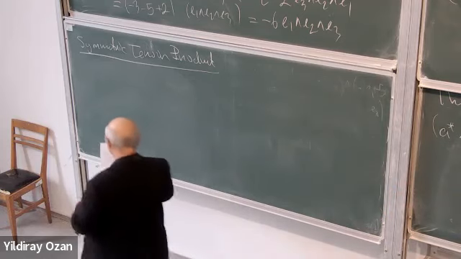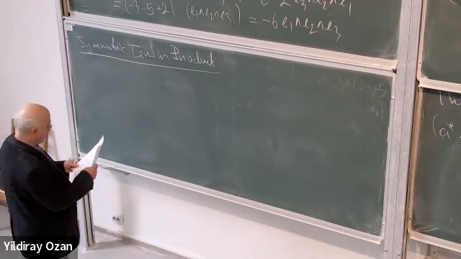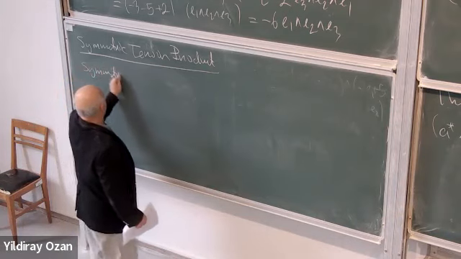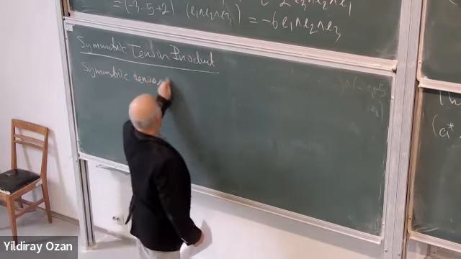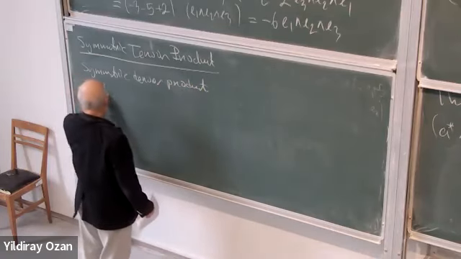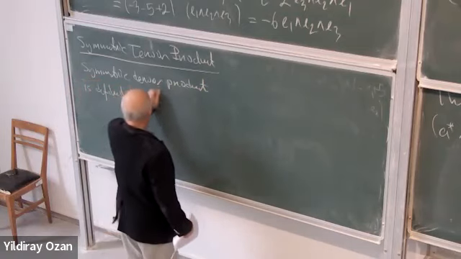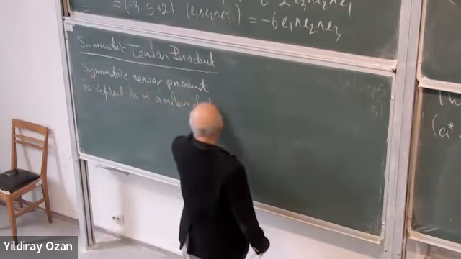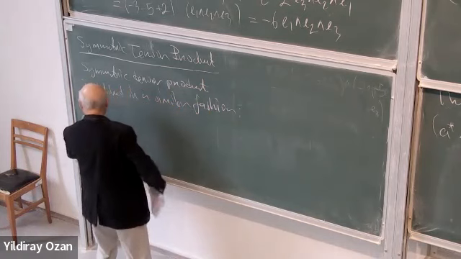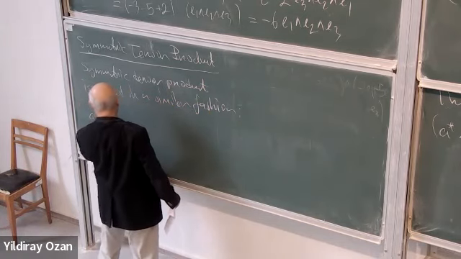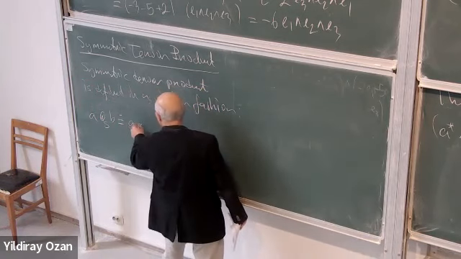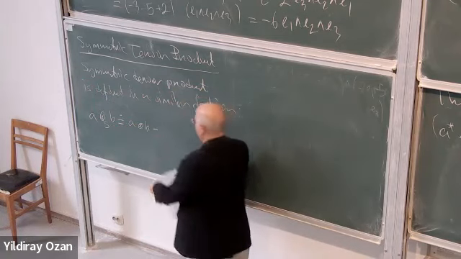Okay. Now, what is the symmetric tensor product? The symmetric tensor product is defined in a similar fashion. Namely, we define it this way: A symmetric product with B. Okay, this is the definition. It is A tensor B, and instead of minus you have plus.